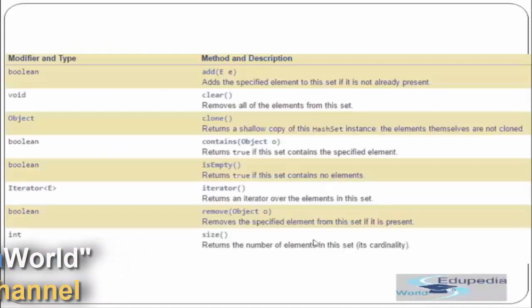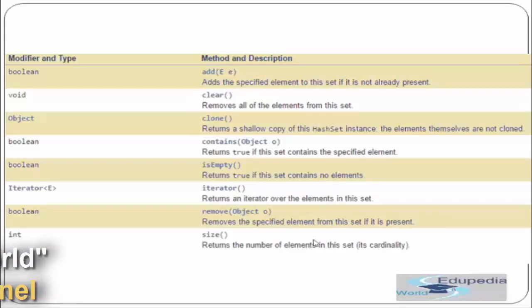Now these are some of the methods inside your hash set. Obviously it includes all the methods that the set interface has. Additionally, it has these methods. It has an add method which adds the specified element to this set if it is not already present.